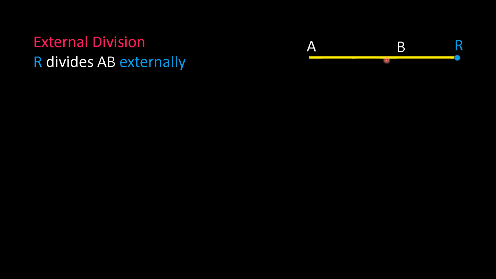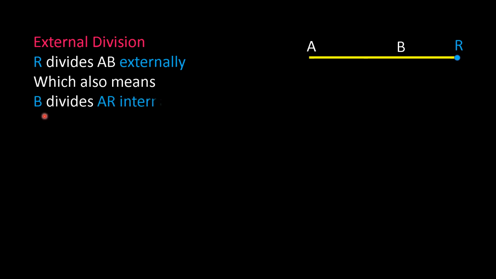In external division, R divides AB externally. This is point R which divides segment AB externally, which also means that B divides AR internally. B divides segment AR internally.